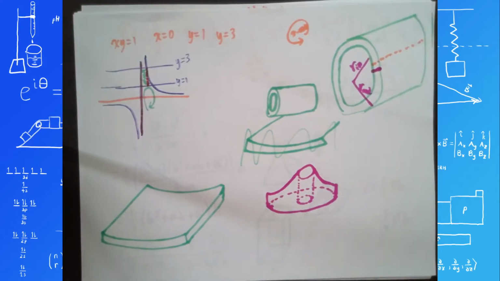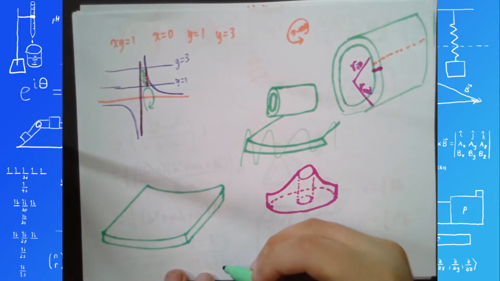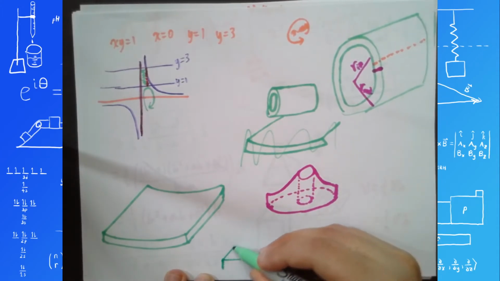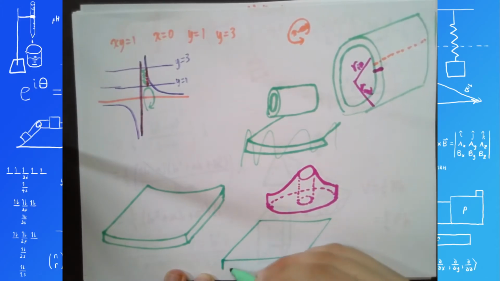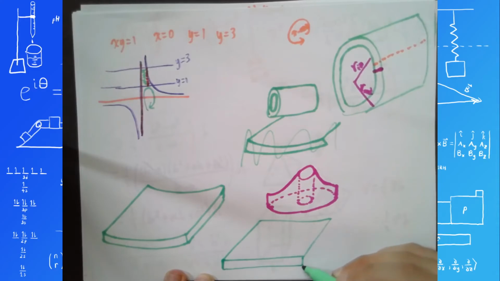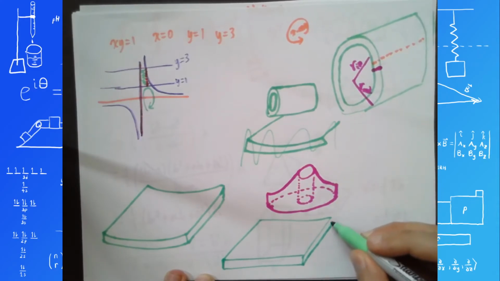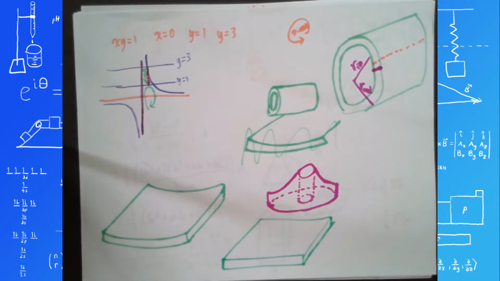So if I finish flattening this thing out, then it will just end up looking like that. And we know how to calculate the volume of this thing: length times width times height.